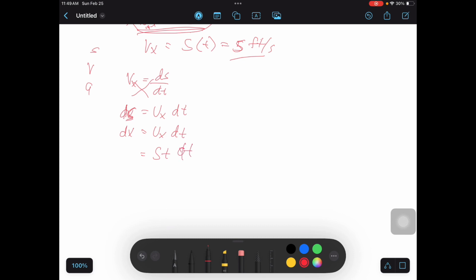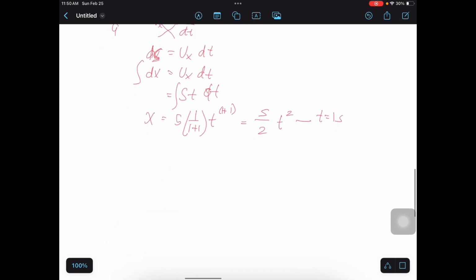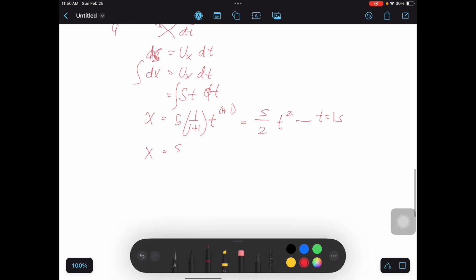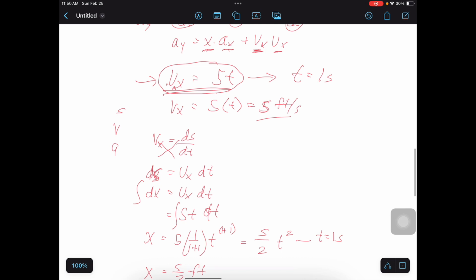So, let's integrate. This will be x equals 5 times t to the 1 plus 1 over 1 plus 1. So, let's simplify and evaluate at t equals 1 second. Your x is 5 over 2 feet. That is what we will use to substitute here.